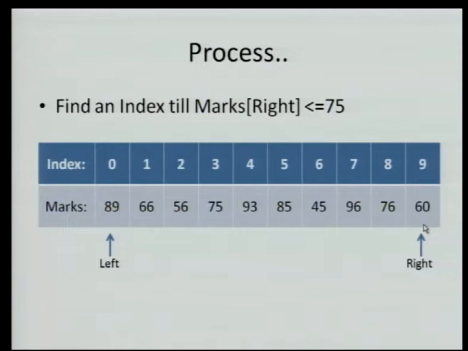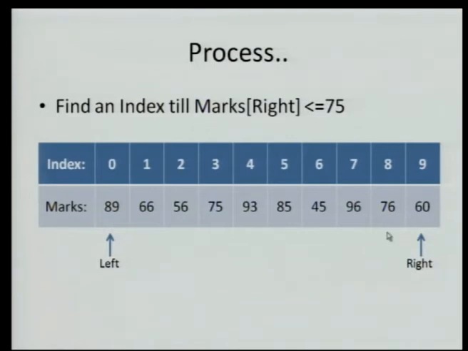Now comes a very interesting thing which we need to perform. First we identified a value which is more than 75 using the left pointer, and then we identified the value pointed to by the right pointer which is less than or equal to 75. This one is less than 75, so it should come in the lesser zone, and 89 should go to the higher zone.